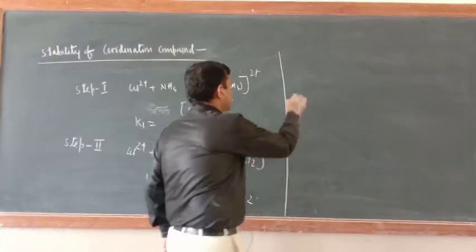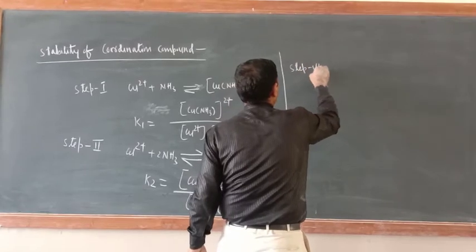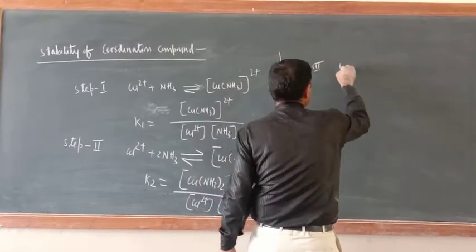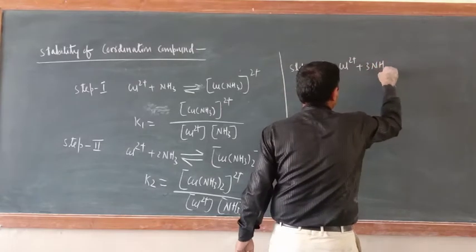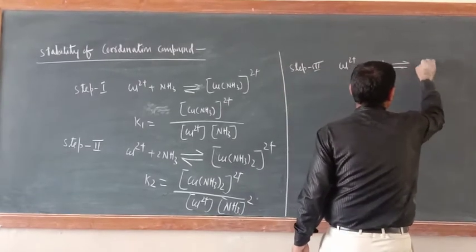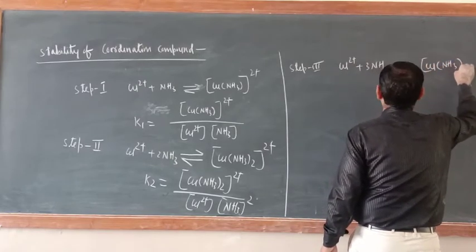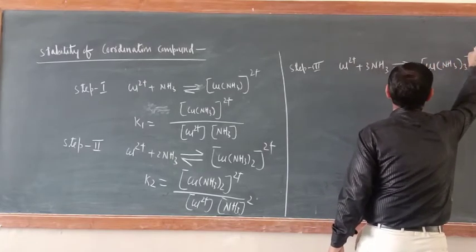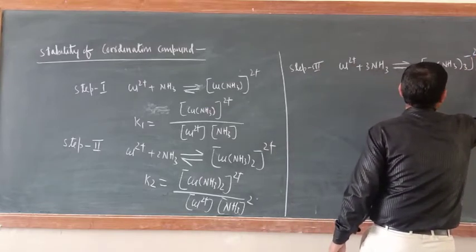Now step third: Cu2+ plus 3NH3 gives [Cu(NH3)3]2+ aqueous.